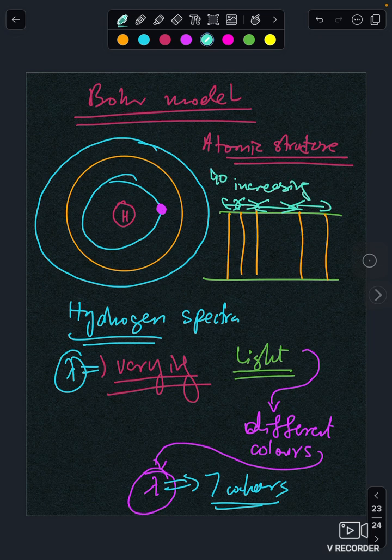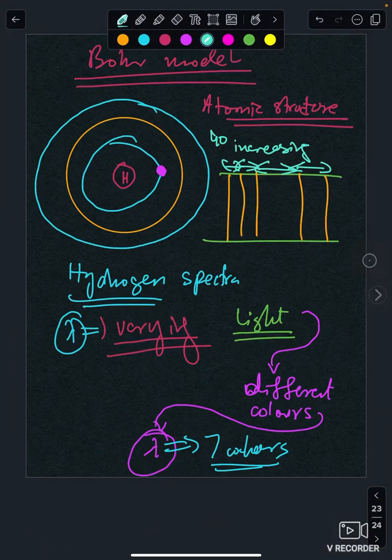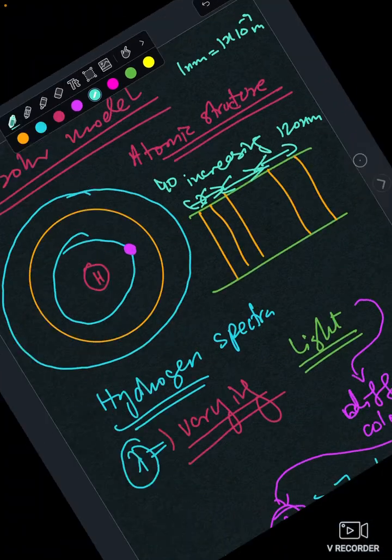This being 90, I suppose, and this being 120 nanometers. Let me note 1 nanometer equals 1 times 10 to the power minus 9 meter.